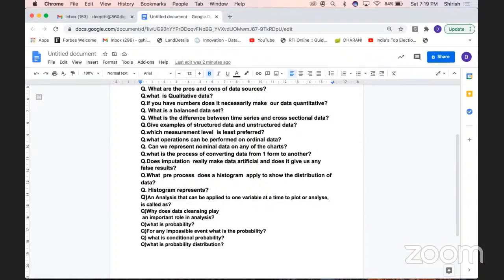Every outcome would have some chance, so each possible outcome would have some chance. This chance is probability. And understanding the chance for each outcome is a probability distribution.